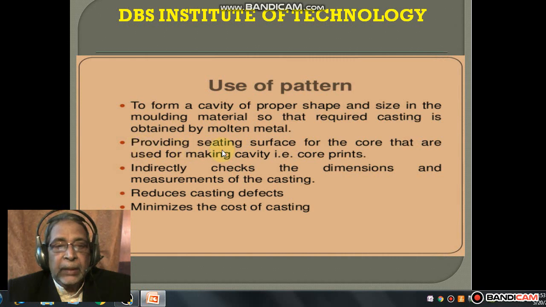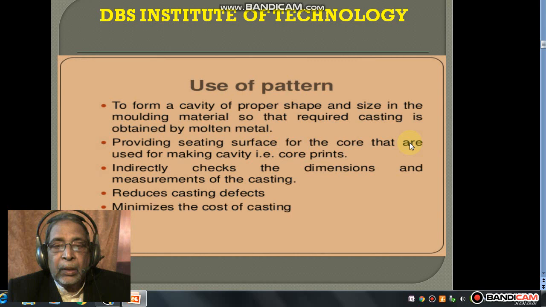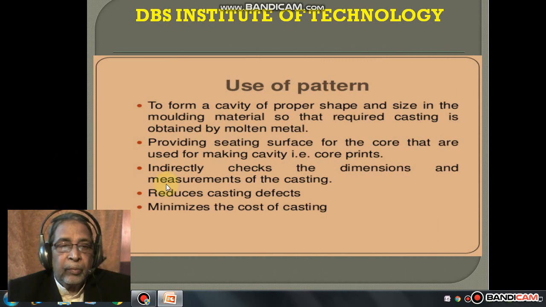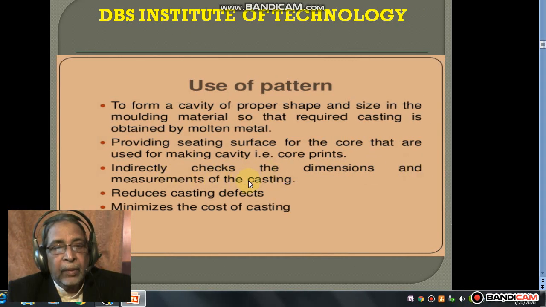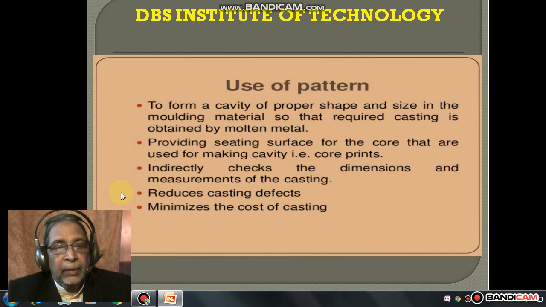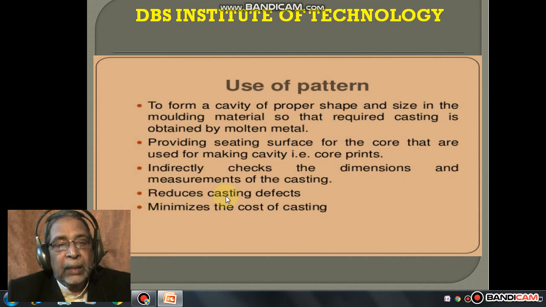Providing seating surface for the cores that are used for making cavities, that is core prints. Indirectly checks the dimensions and measurements of the casting. It reduces casting defects. It also minimizes the cost of casting.